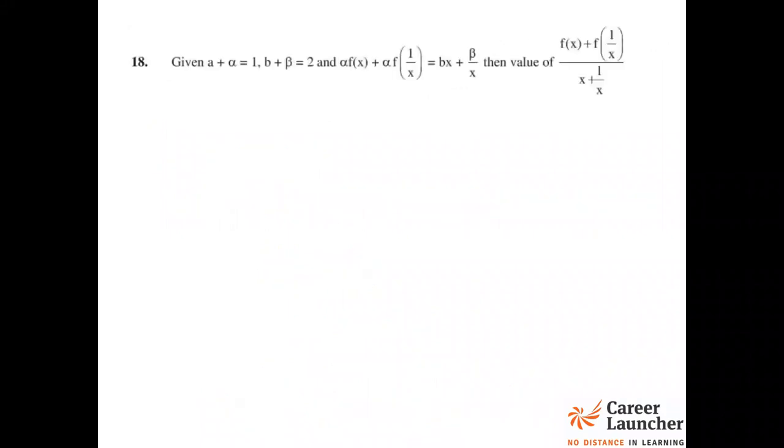Next. This is also a very common question that you must have seen many times before. The approach is a very standard approach. So we have a times f of x plus alpha times f of 1 by x is equal to bx plus beta by x.